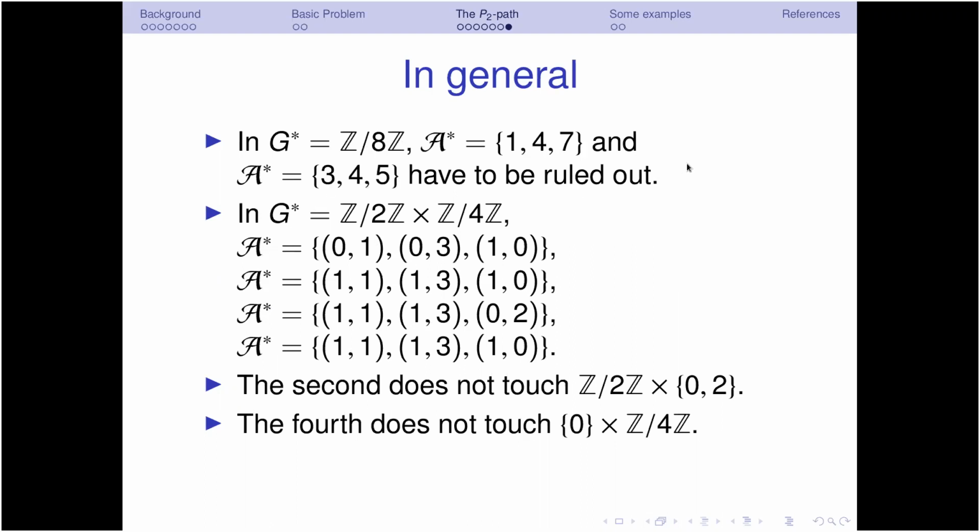But when I tell you 1, 4, 7 or 3, 4, 5, you have to see that it is in additive notation. So if you go back to primes, there should not be primes in classes that are congruent to u times h, or u to the 4 times h, or u to the 7 times h on the other one. And I don't really know how to rule this kind of thing out.